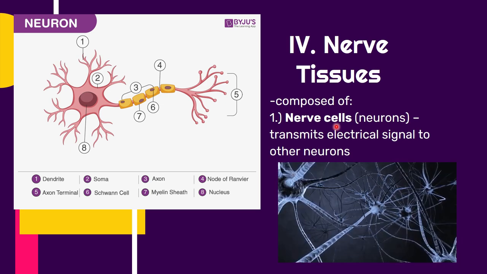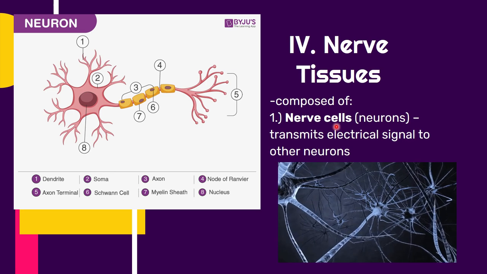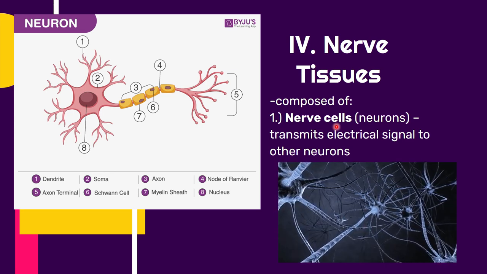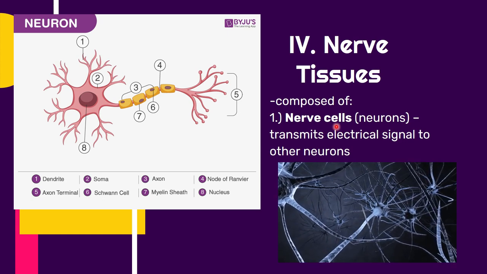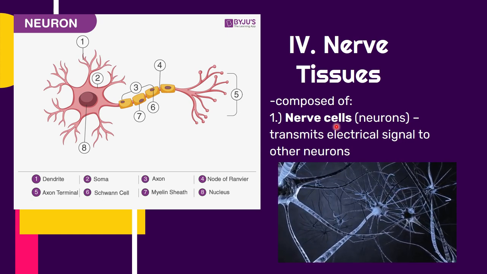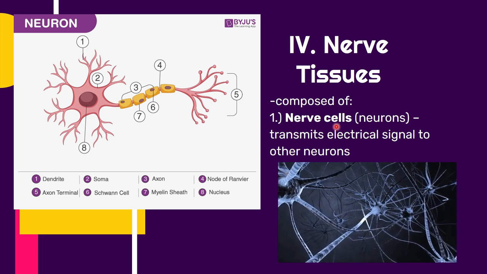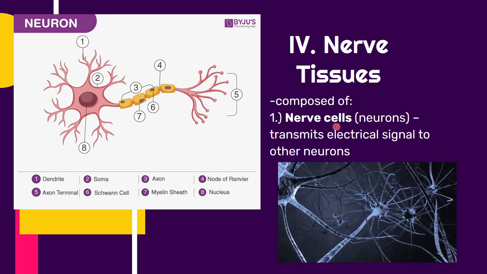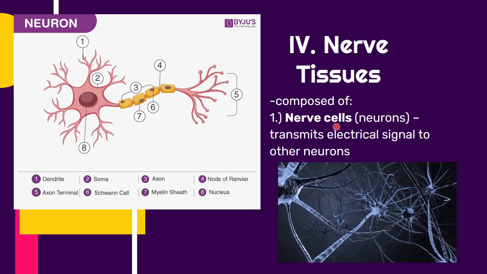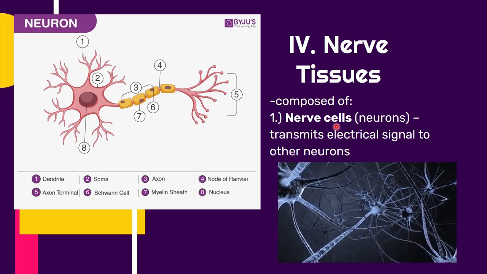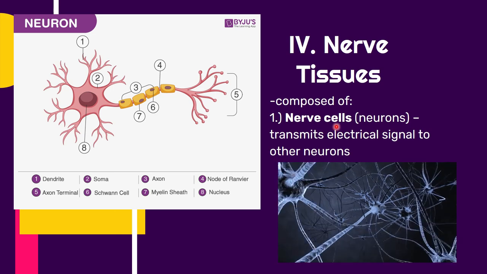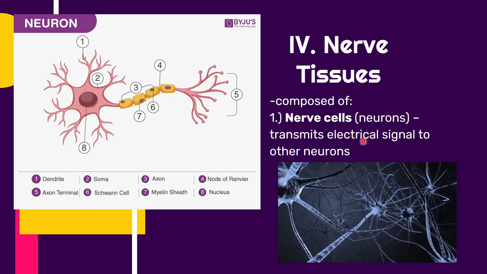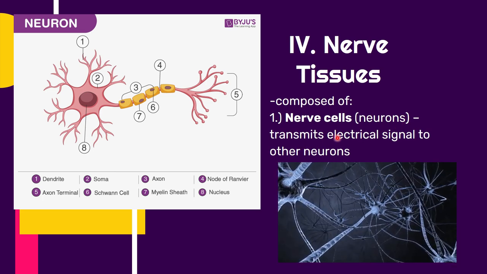That is what we call the stimuli, or a change in the environment. So that stimuli will be perceived by the receptors on your skin. Then after the receptors perceive that stimuli, it will be converted into electrical signals. So that electrical signals will be passed on from nerve cell to nerve cell, or neuron to neuron.